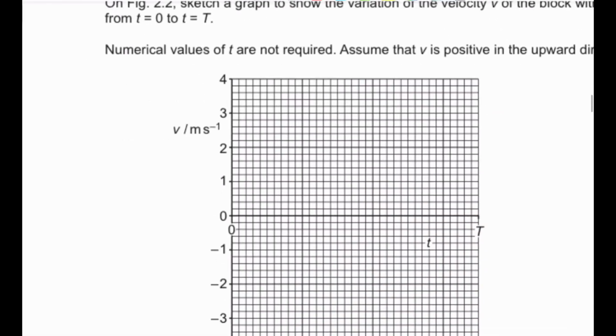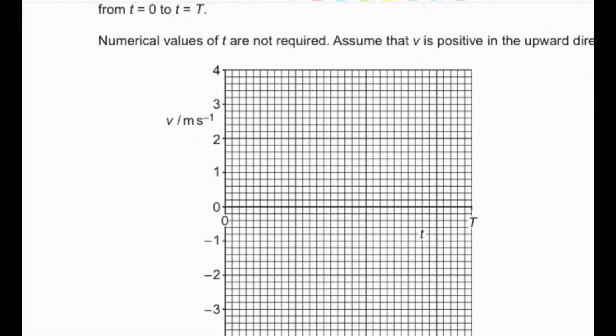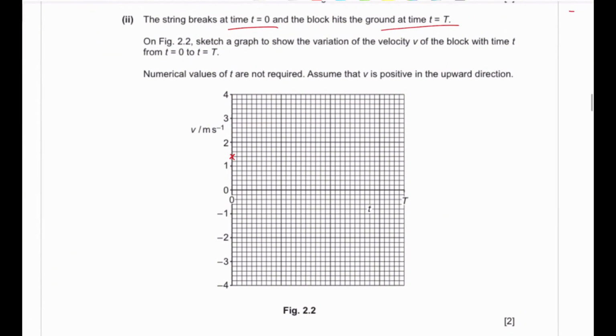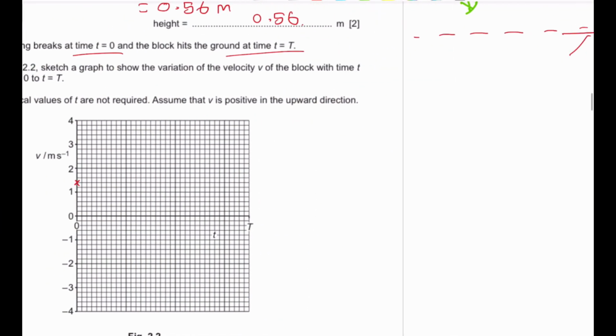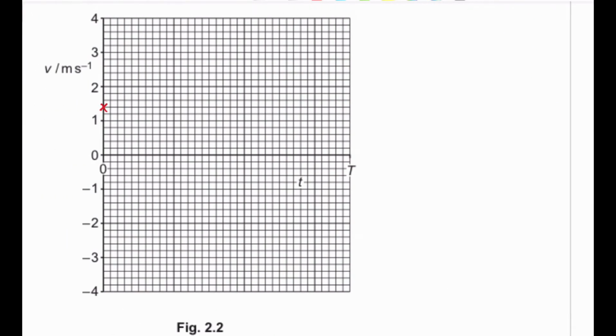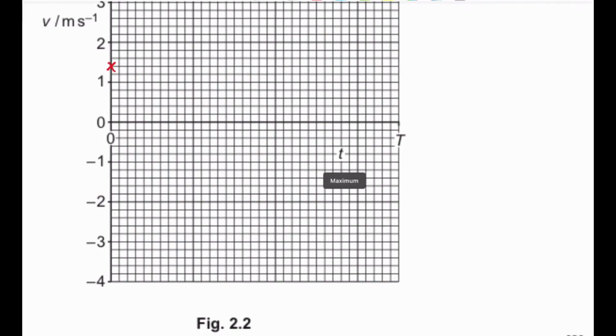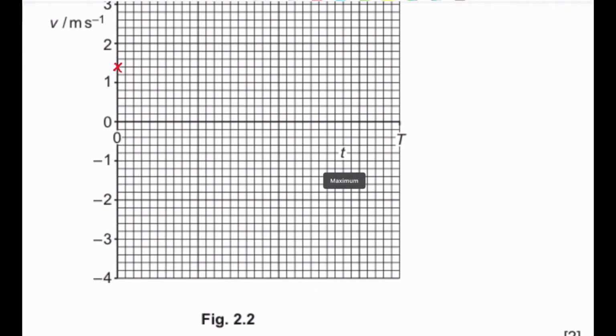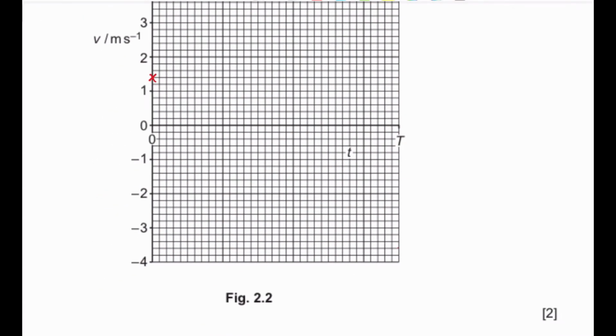If we were to go here, this represents 1.2, 1.4. We plot that point, okay? But at time t, it hits the ground with a speed of 3.6. So we plot our graph at 3.6. This is 3, then 3.2, 3.4, and 3.6 is somewhere here.